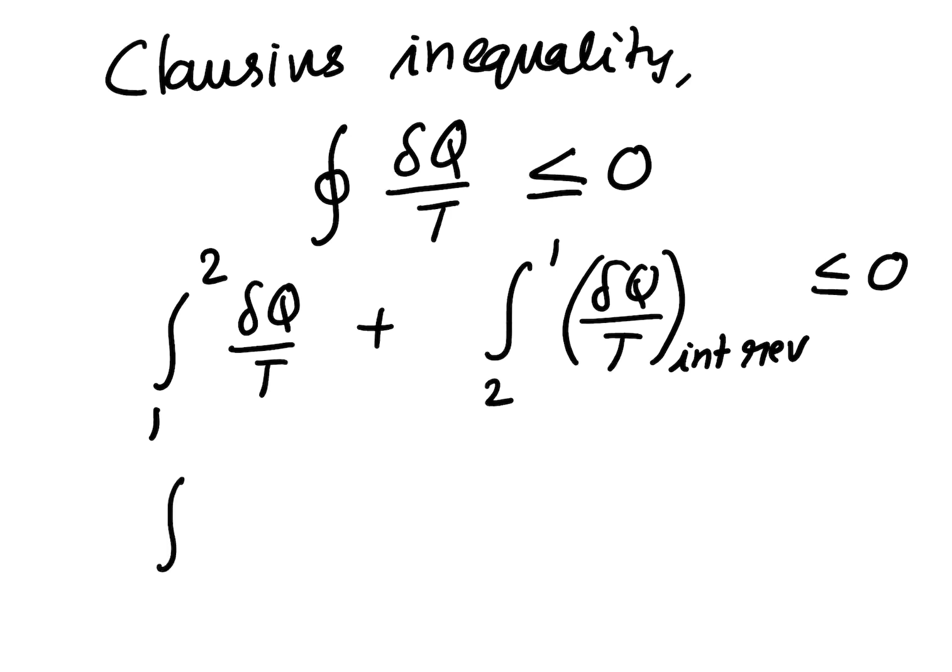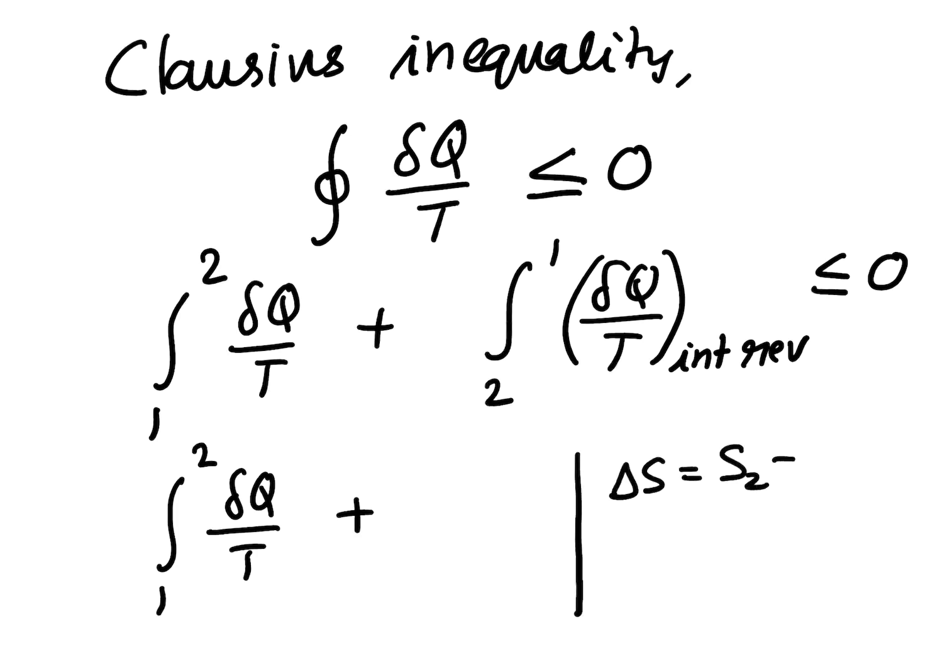The first term is simply 1 to 2 delta q over T, whereas the second term is our definition of entropy that we saw in the last lecture. In fact, entropy definition is written as delta S, which is S2 minus S1, equals 1 to 2 delta q over T, internally reversible.